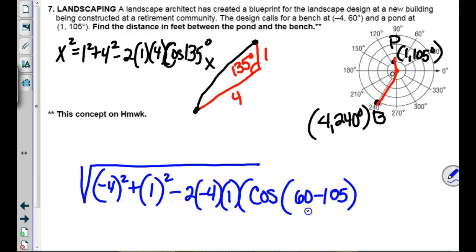Does it matter? Yeah, I think this should be 105 minus 60. Actually, it won't matter. I lied.